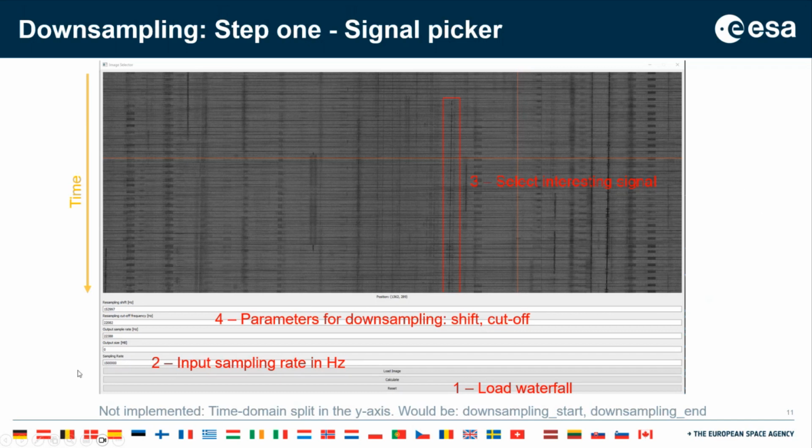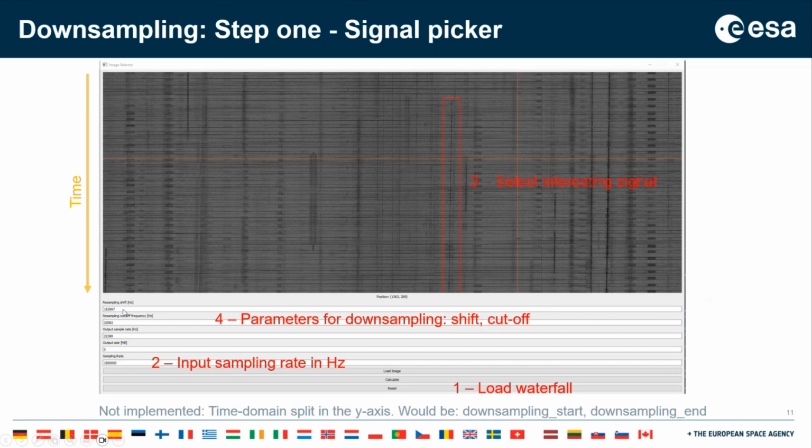As I said, the sample rate directly corresponds with the bandwidth, and the bandwidth will be 750 kilohertz in both directions. Based on this, you can select the square, and the position of the square will be calculated in hertz. So it's not a pixel coordinate, but a coordinate in the frequency domain.